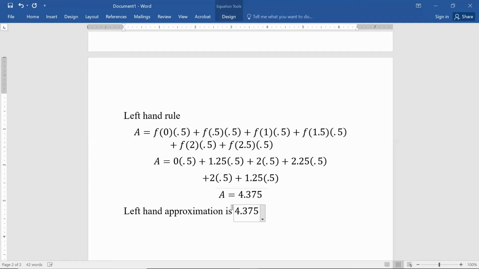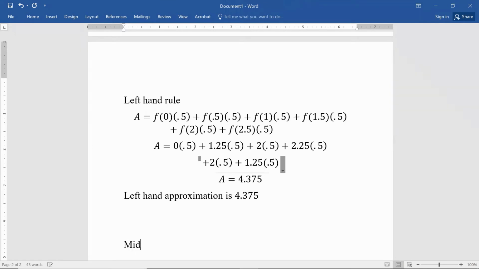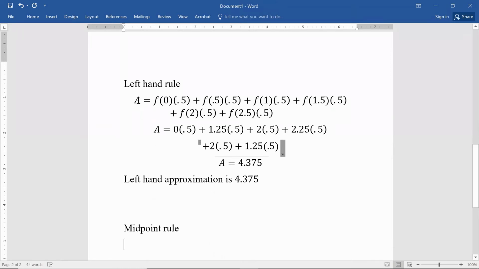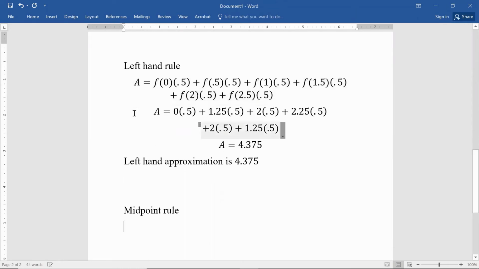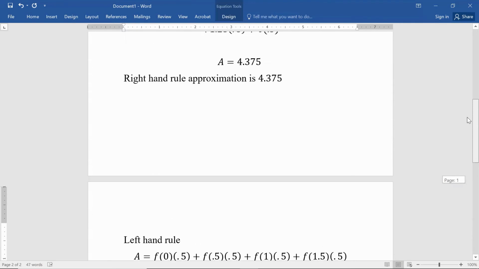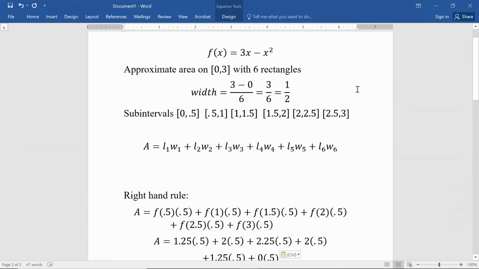Let's take a look at the midpoint rule. Again, we are going to do a very similar thing. We're going to look at a sum of 6 different rectangles. This one, though, I'm going to use the midpoint of each of these subintervals.